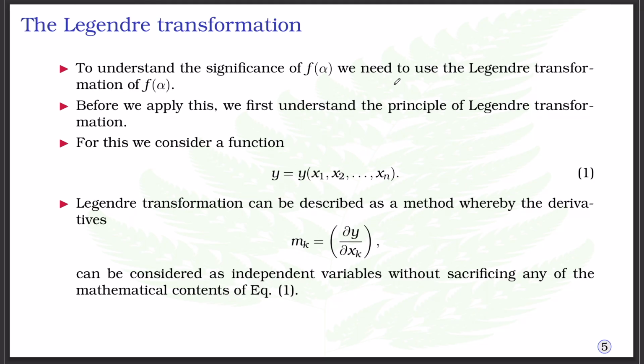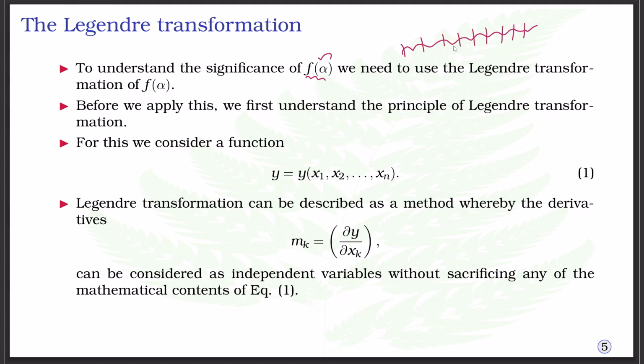To understand the significance of f of alpha, we need to use the Legendre transformation on f of alpha. Suppose I have a structure like this one, and I cover it by boxes, it doesn't matter whether equal or different sizes.